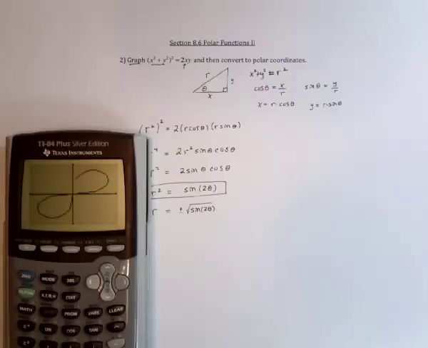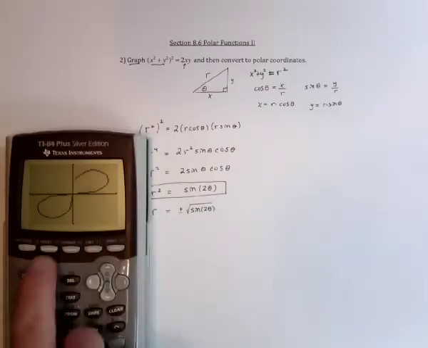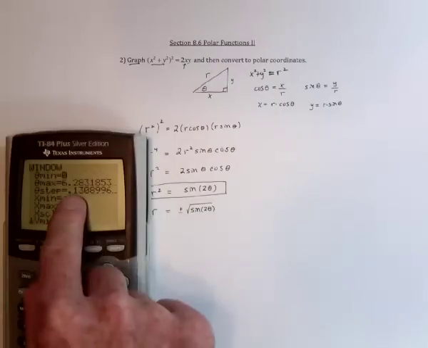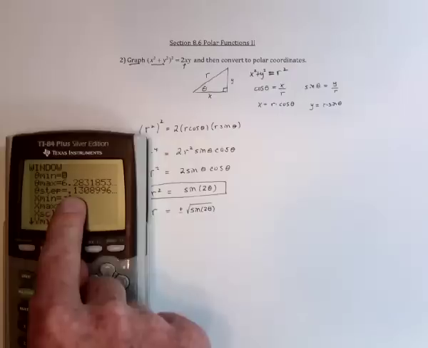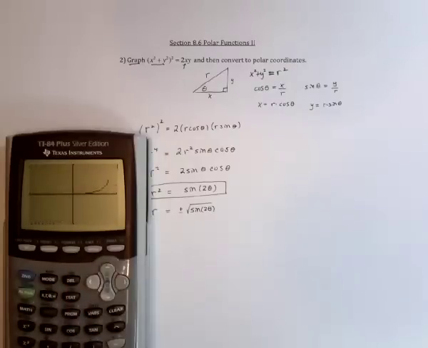And there's a piece of the graph missing right there, but I can take care of that by going to the window and changing this to be a smaller step so that it's going to graph more slowly and more accurately. So it looks like an infinity at an angle.